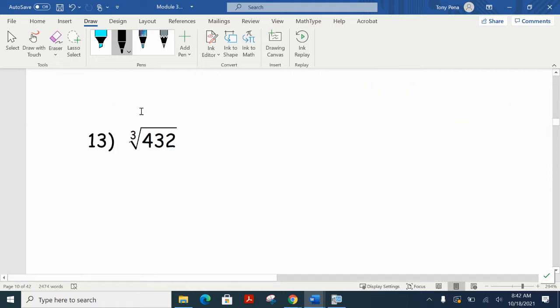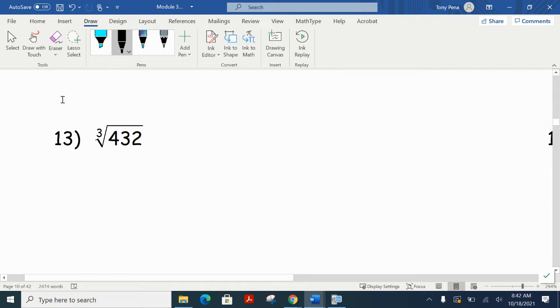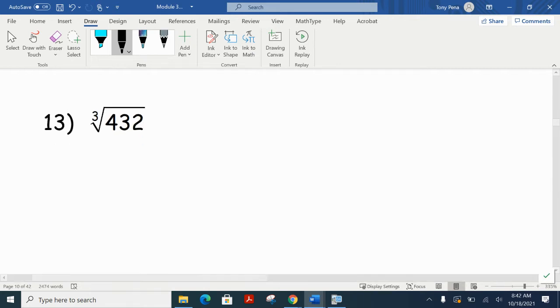Okay, 13. Ooh, I don't even know what this one is off the top of my head, so I'm going to trust you guys. So cube root of 432. See if you can, hopefully there is one. I'm pretty sure I did have one. I don't think we would have given you this if there wasn't. Calculator's done.